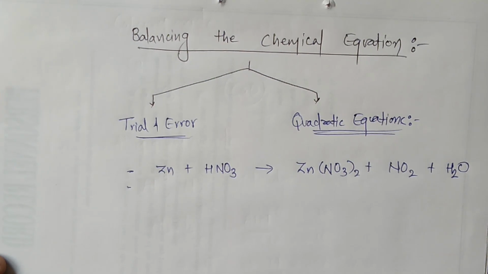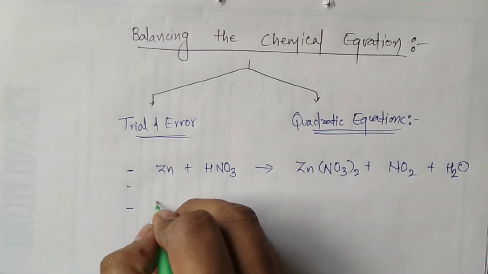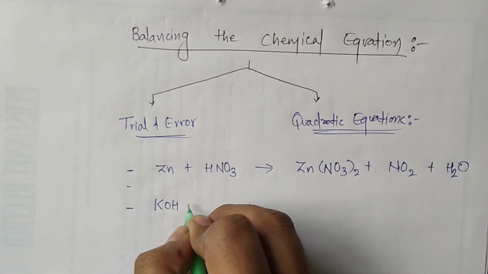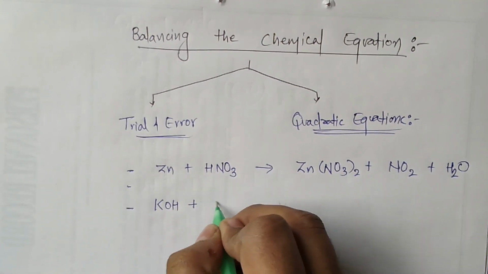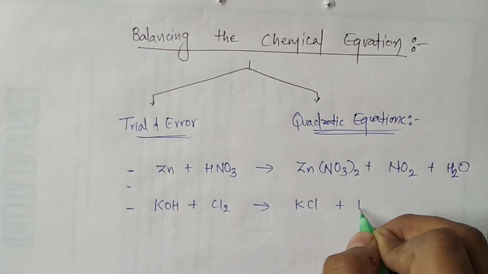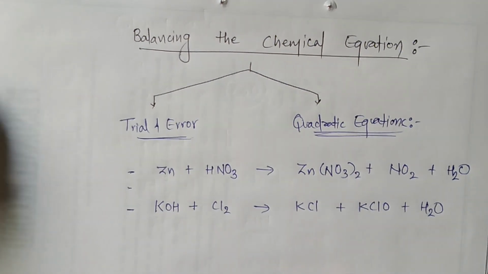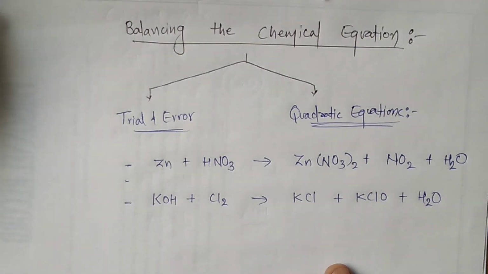This is one equation. Another equation we can take is KOH plus Cl2 gives KCl plus KClO plus H2O. Okay, these two equations we will take.